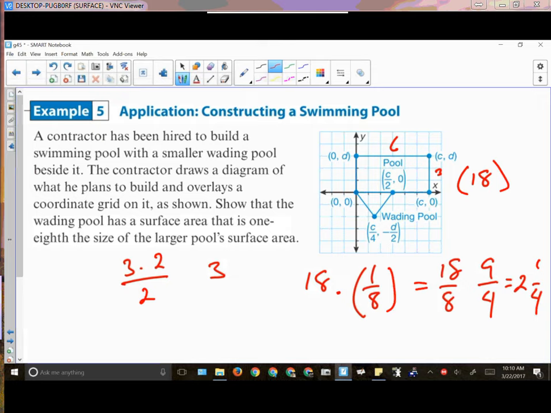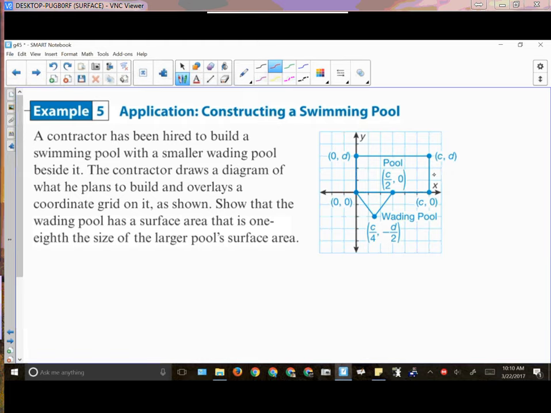Now, would it have been better for me to use the information that he had? Let's see if that would have helped. So, how would I figure out the area of the pool? Well, this is C, that's D, so that would be C multiplied by D, or simply CD. What's this distance here? Let's see, this coordinate here is 1, 2, 3.